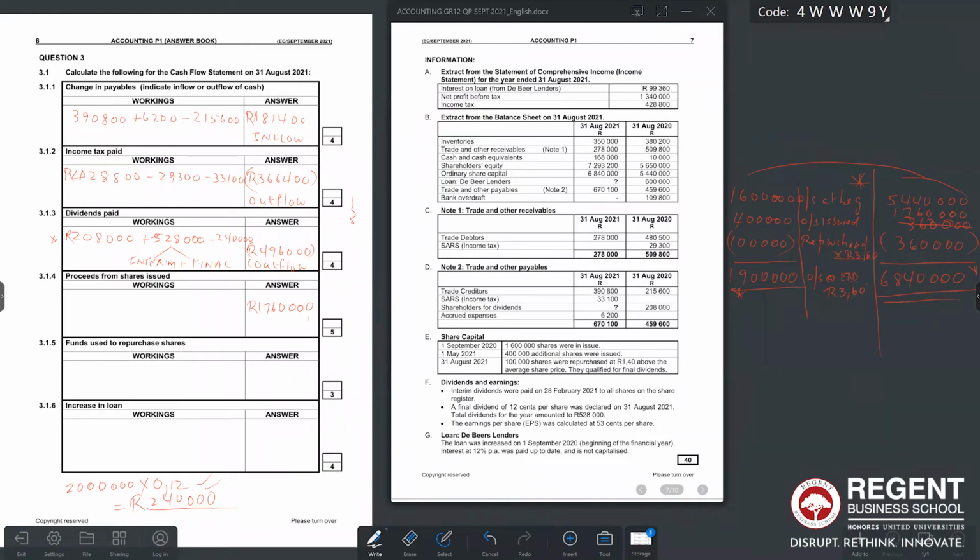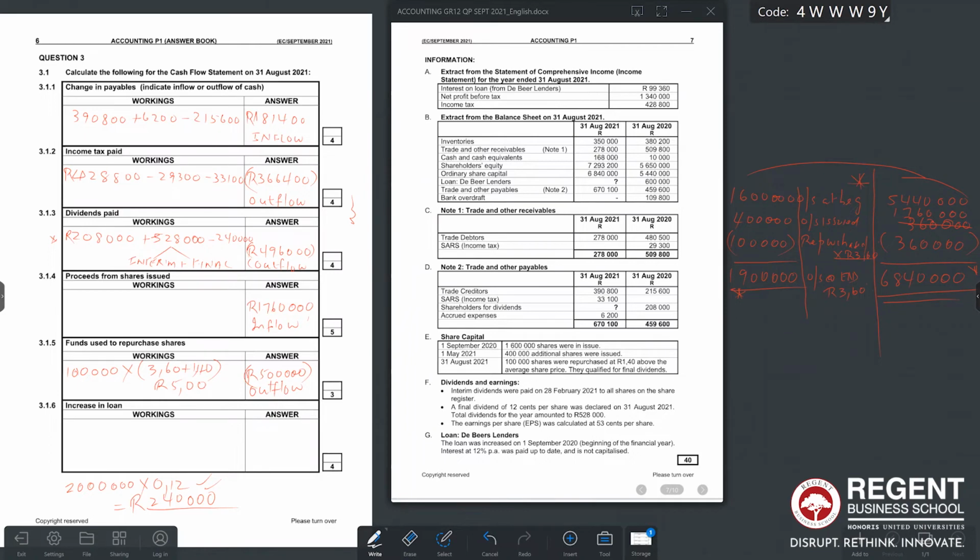So in other words, the working is 100,000 times 5 rands, and your answer is 500,000. This was a repurchase, it's an outflow. The share proceeds was an inflow. That was an inflow, that's an outflow.